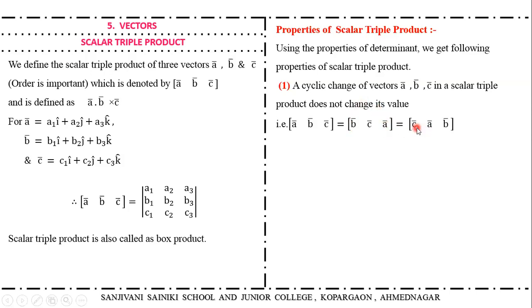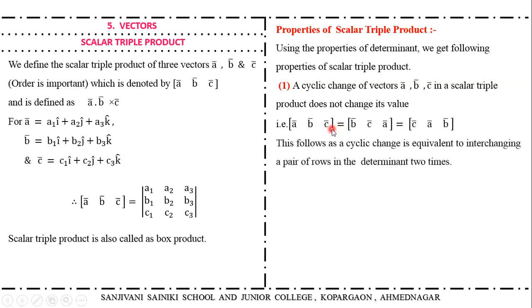Again, changing cyclically in the other order, the value obtained is the same. This follows as a cyclic change is equivalent to interchanging a pair of rows in the determinant two times.